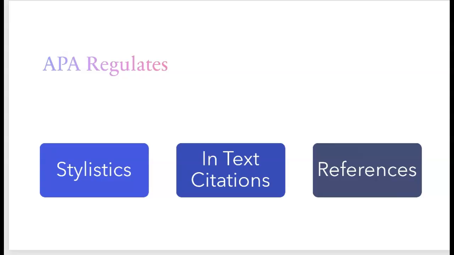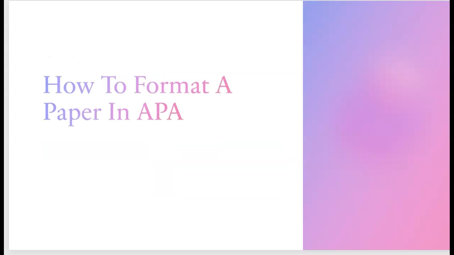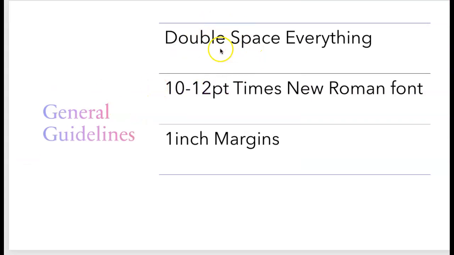So, how to format an APA paper? Like MLA, everything is double spaced. The font size for typing is 10 to 12 point Times New Roman font. I require that you use 12 point Times New Roman font because A, it's easier to read, and B, it takes up more space than 10 point Times New Roman.